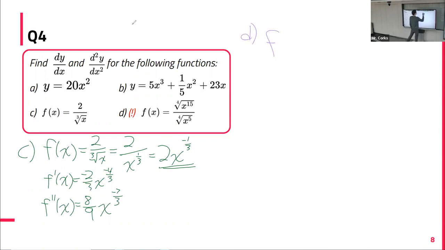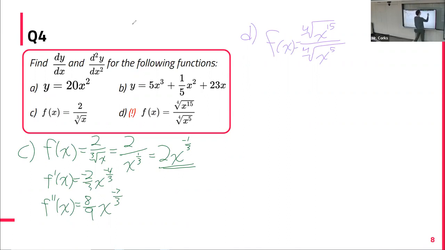All right, the other one, D here. So f of x is 4th root of x to the exponent 15 over 4th root of x to the exponent 5. So we want to simplify this a bit before we do our derivatives. Okay, so same thing that we did with the roots, the root and a fractional exponent.